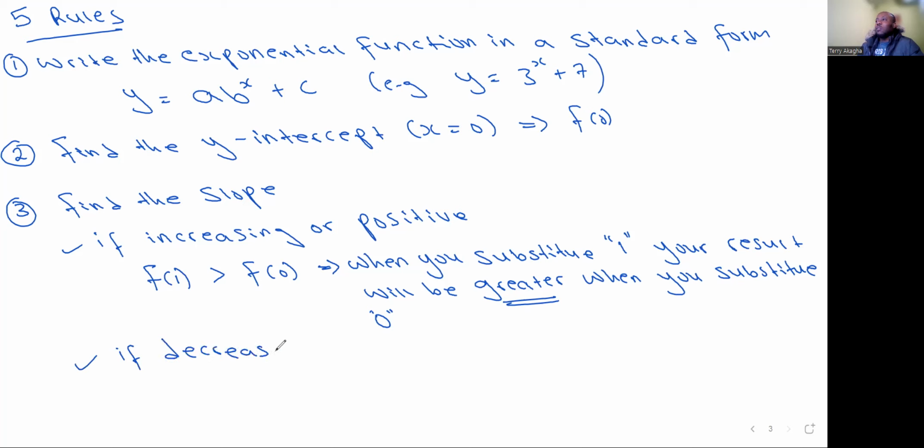If it's decreasing or negative, you're expecting the opposite. When I substitute 1 into the function, the answer is going to be less than when I substitute 0.